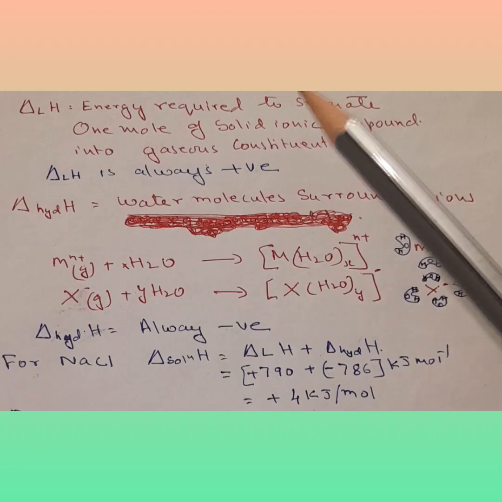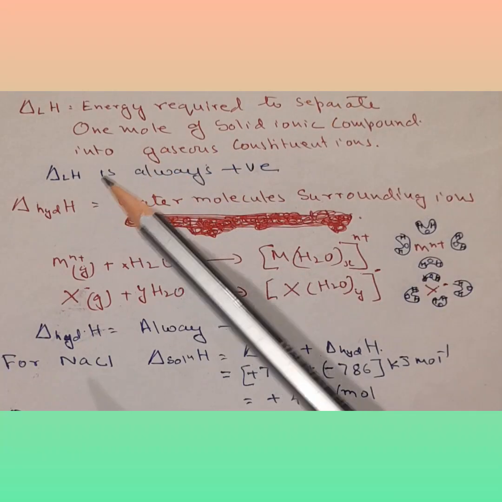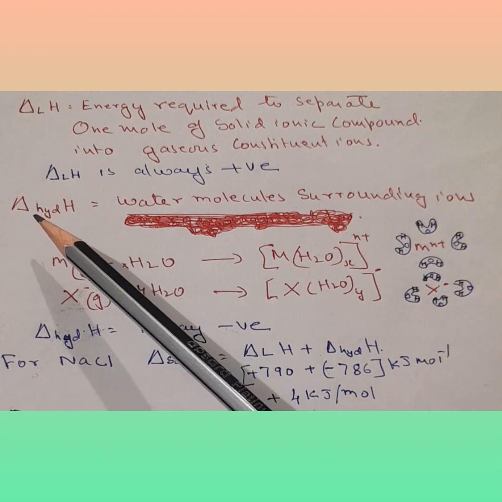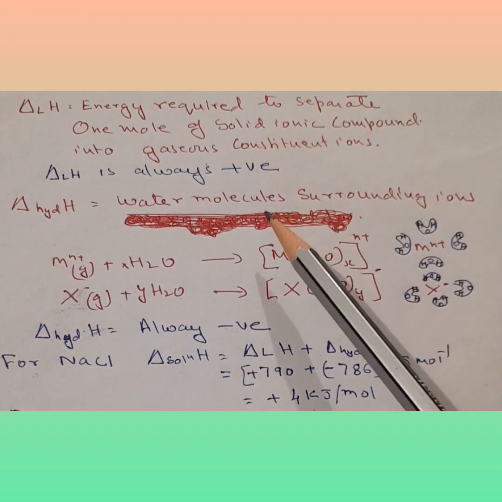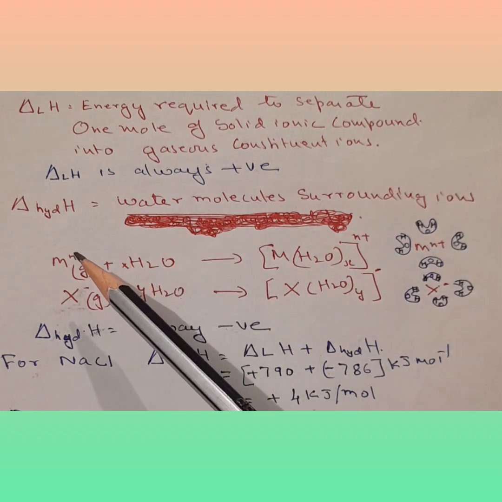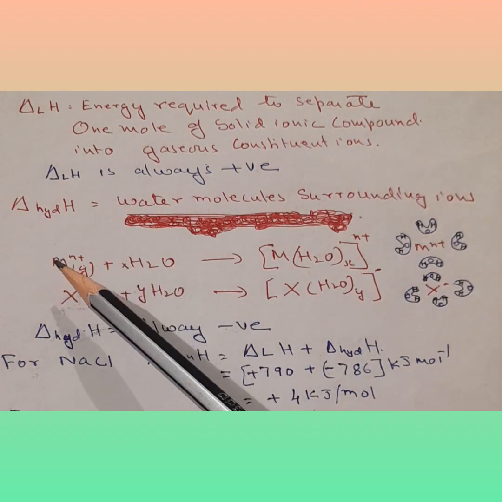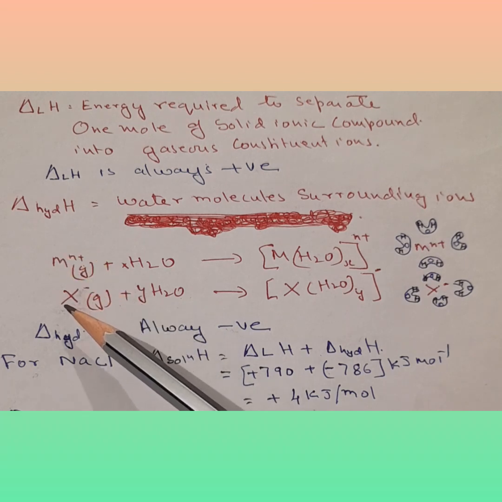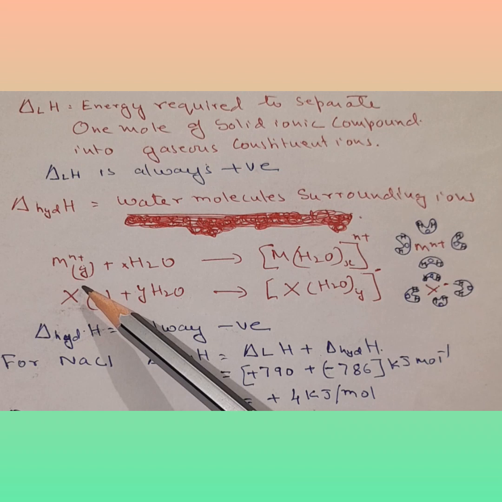Alright, now let's proceed ahead. Let's try and understand hydration, enthalpy of hydration. Water molecules surrounding an ion, that's what is hydration. Now we already have M positive in gaseous state and X negative in gaseous state, cation and anion.